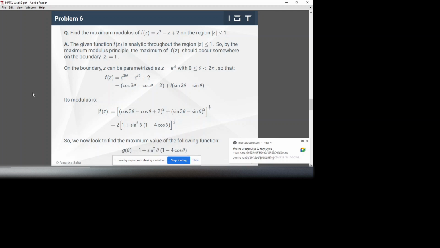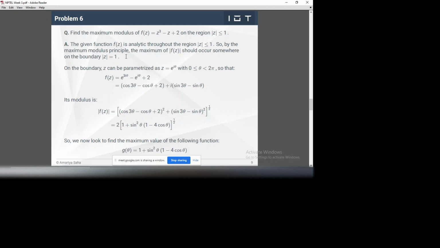Our function is entire, so definitely it is analytic inside the given region. So by the maximum modulus principle, the maximum of the modulus of this function must occur somewhere on the boundary, which is mod z equal to 1. So the maximum has to occur on the unit circle. From the maximum modulus principle, we can infer that much.